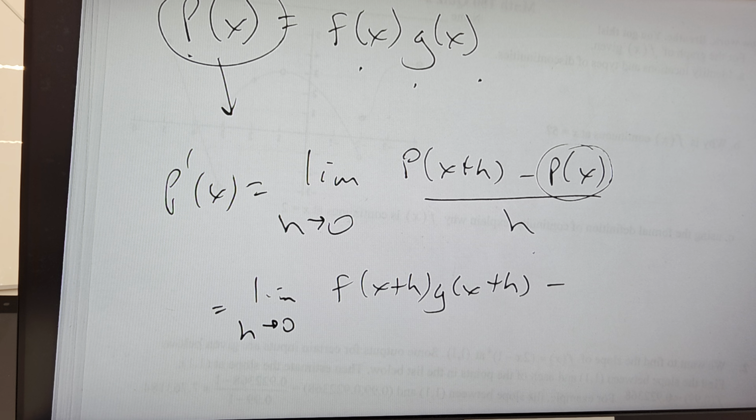You just plug whatever's inside, you plug it inside. Now, it's what we do with it after that that gets a little freaky, but that stuff right there is easy. Function notation, when you plug that stuff in, is always easy. The next step is going to be more complicated, but that step is easy. What do I put here? F of x, g of x.